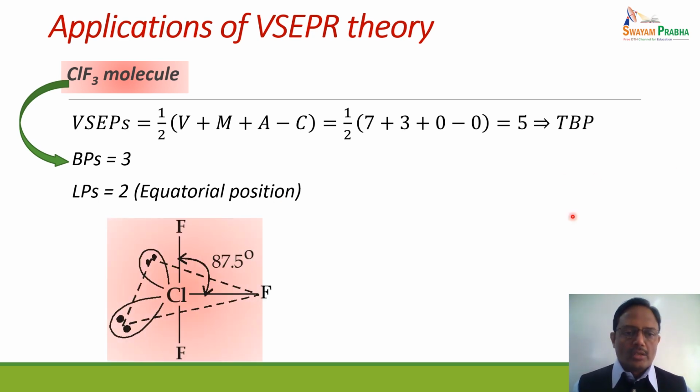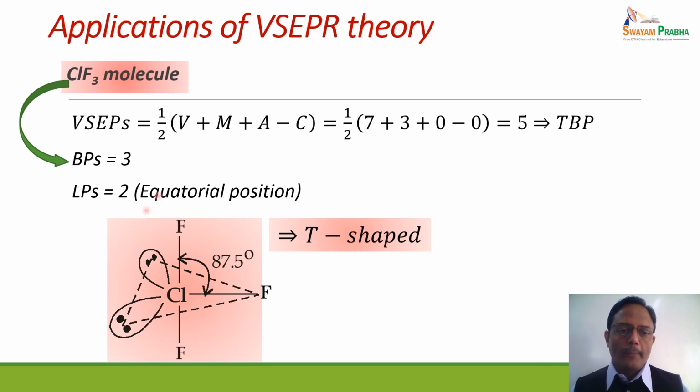And hence the structure will be something like this, with trigonal bipyramidal geometry with 2 lone pairs occupying the equatorial positions, while the axial bonds are formed by 2 fluorine atoms and 1 equatorial bond by 1 fluorine atom. Hence the geometry will be trigonal bipyramidal, but due to lone pairs it shifts to a T-shaped type of geometry.